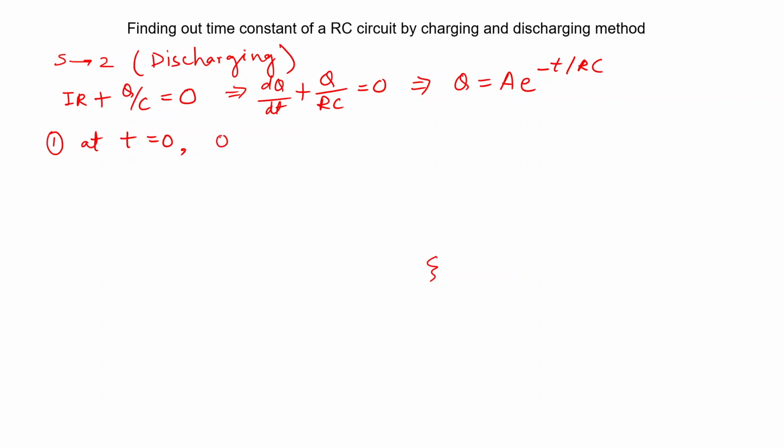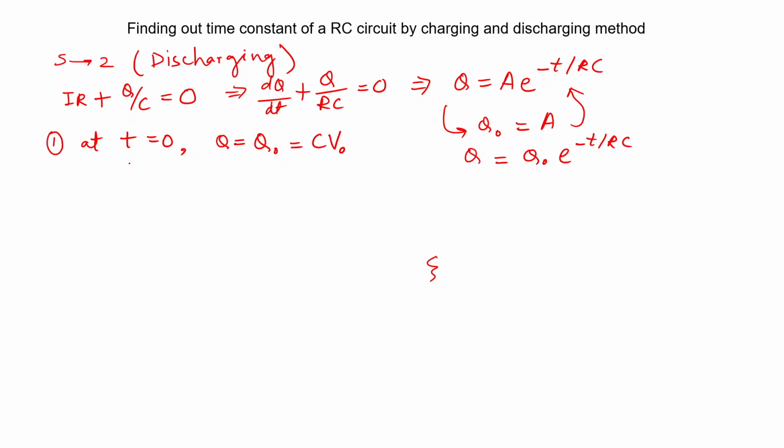So at t equal to 0, the charge on the capacitor is q naught, the product of C and the maximum voltage. Putting this boundary condition, at t equal to 0, Q is q naught, and e to the power 0 is 1. That means A is q naught. So we substitute this here, and the expression becomes Q equals q naught e to the power minus t over RC.